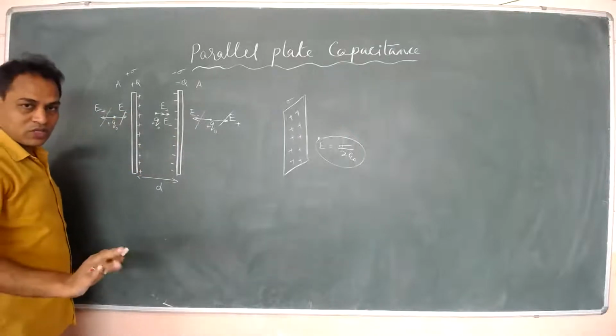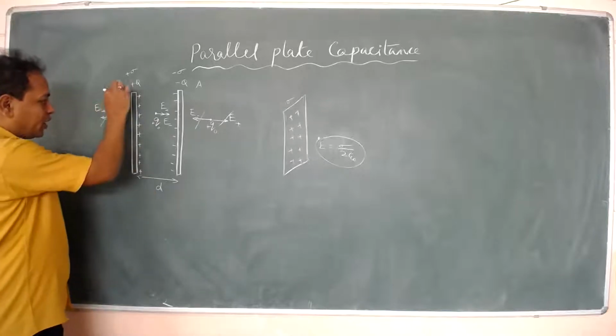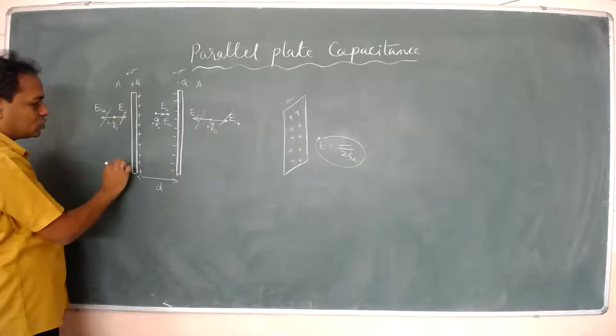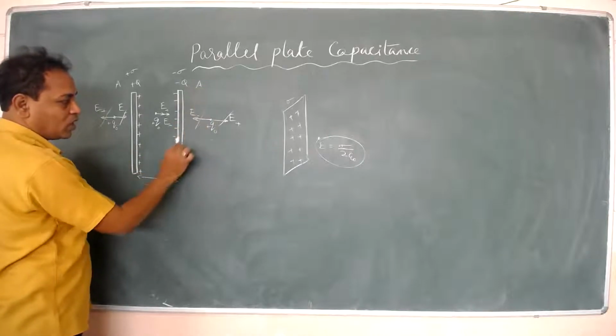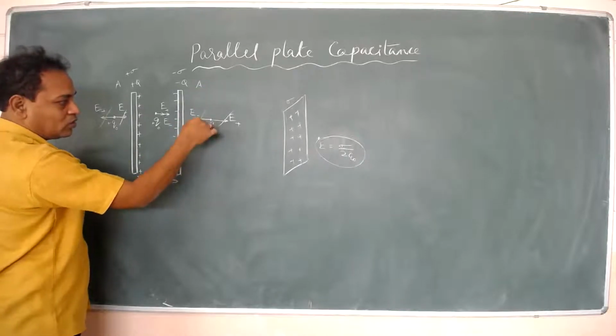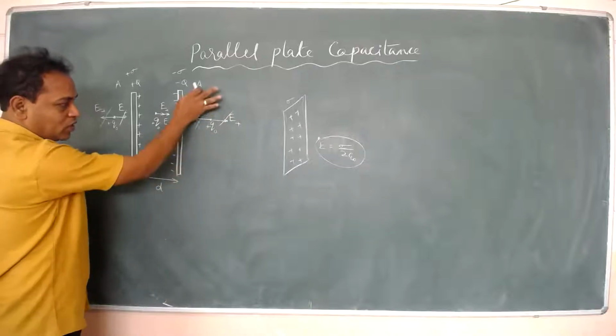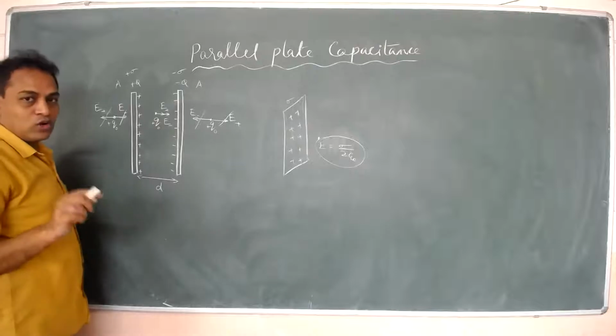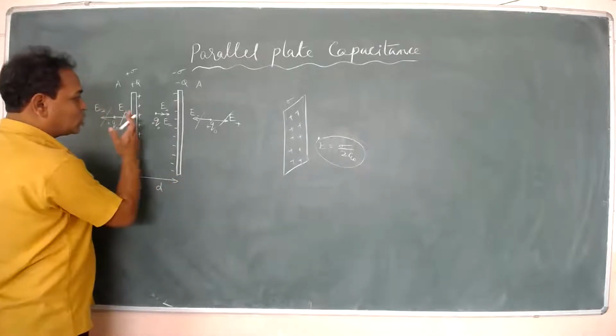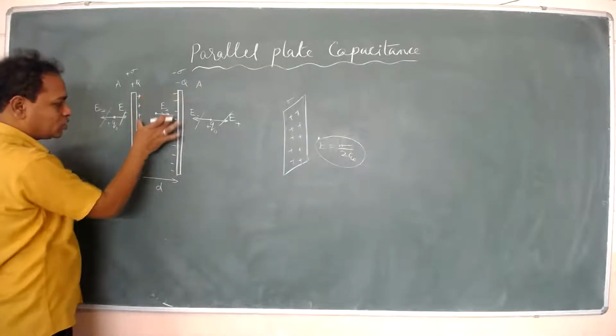From this it is quite clear that outside the plates there is no electric field in this region. Similarly, in this region also there is no electric field. Wherever you take, these two will get cancelled. Therefore, the electric field exists only between the two plates, in this space only.